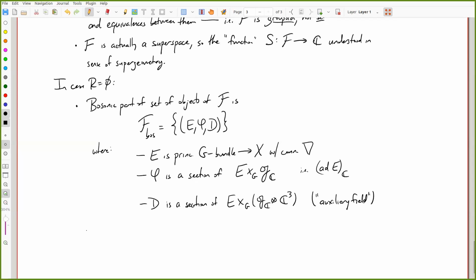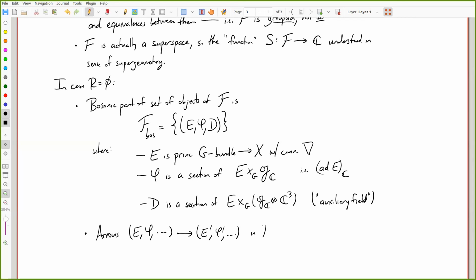We consider them up to equivalence, and the equivalences are just the natural ones. If I have two G bundles with connection, I'll call them equivalent if I have a map of G bundles from one to the other that preserves the connection and also preserves all the other fields.